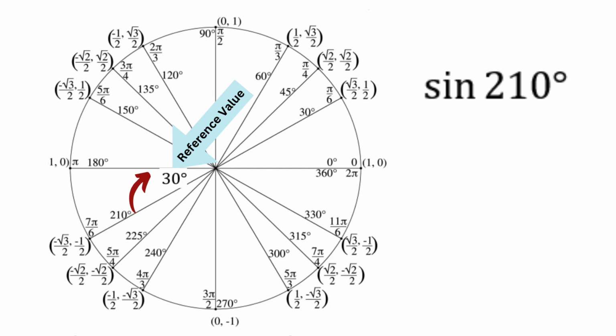All right, let's try a quadrant 3 value. So let's get the sine of 210 degrees. Well, in quadrant 3, 210 degrees is 30 degrees from the x-axis. So in this case here, we're going to go 210 minus 180 to get 30 degrees.